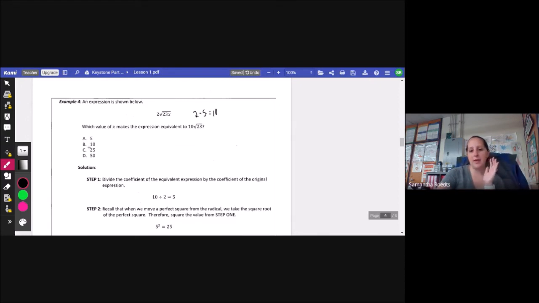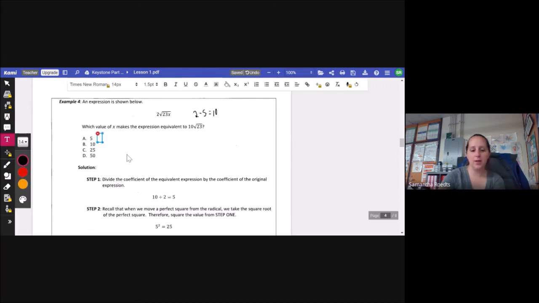So if I think about this, 5 is 5 times 1, right? 5 times 1. 10 is 5 times 2, no match yet. 25 is 5 times 5, oh, there's a double. And 50 is 2 times 5 times 5. Okay.